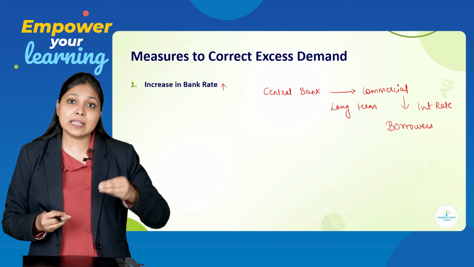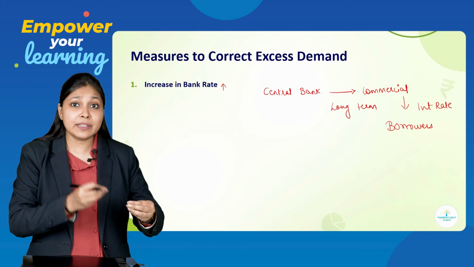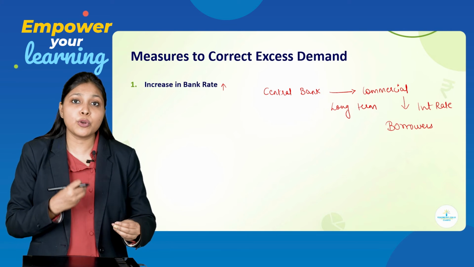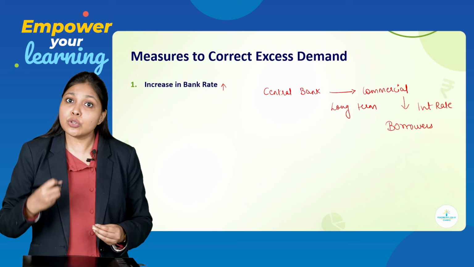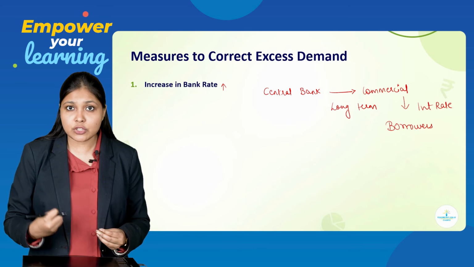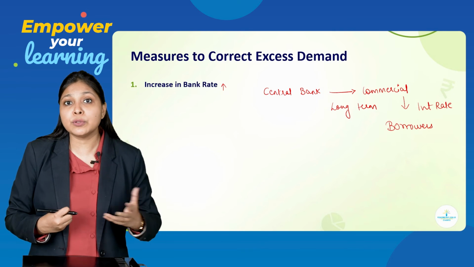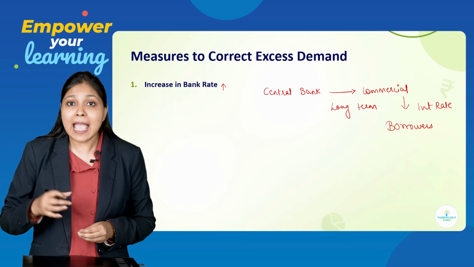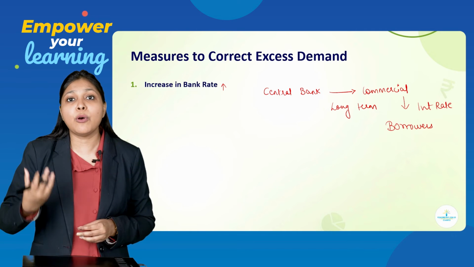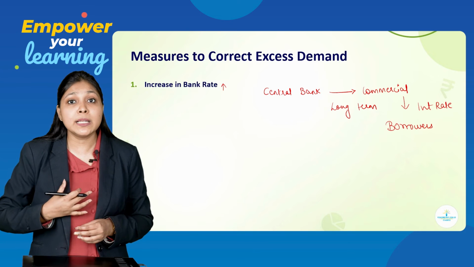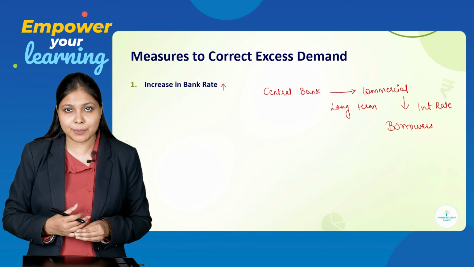If the interest rate has been increased, it will definitely discourage the borrowers from borrowing money from the commercial bank. So people will get discouraged and will not borrow loans from the commercial bank, and that will reduce the flow of money in the economy, because now people are not borrowing money from the commercial bank.